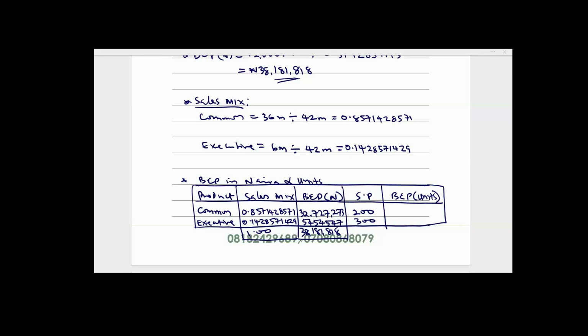Then the next thing you need to do now is to get the break-even point in units. For you to get that, just divide the break-even point in naira by the selling price.